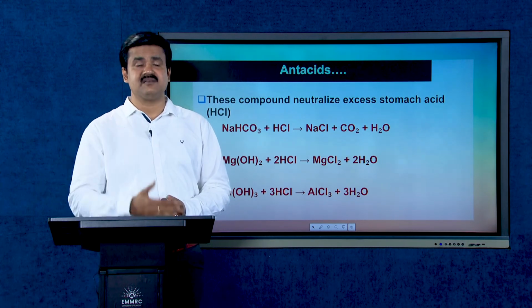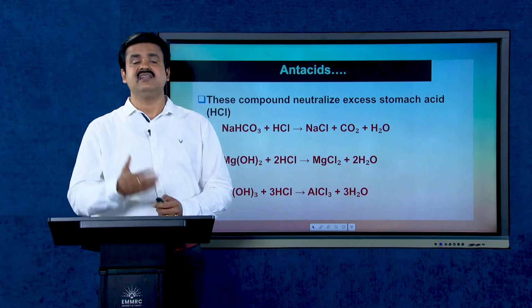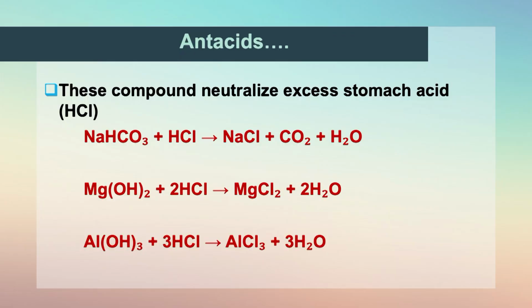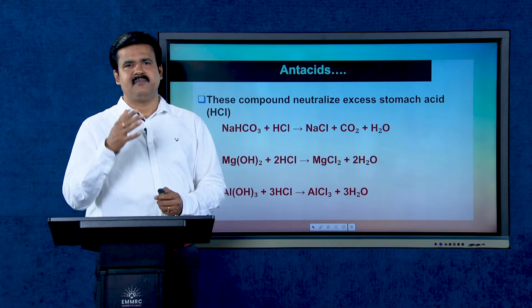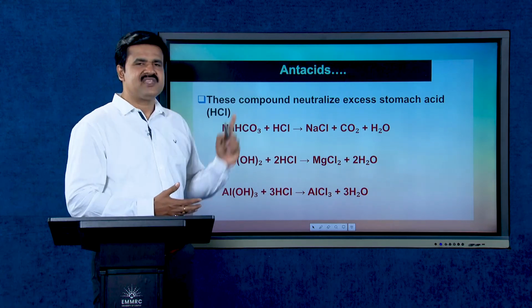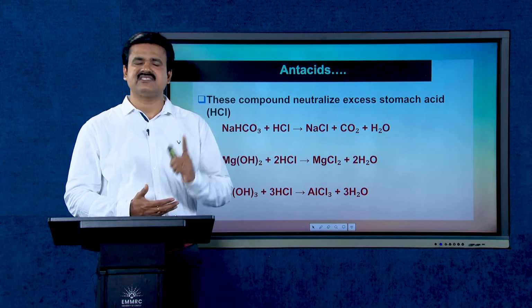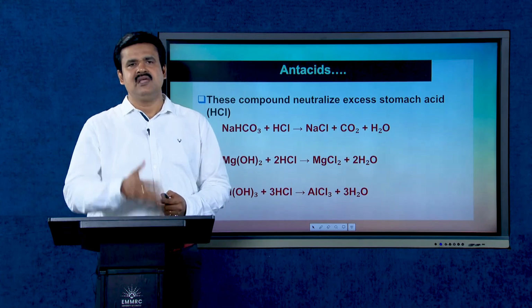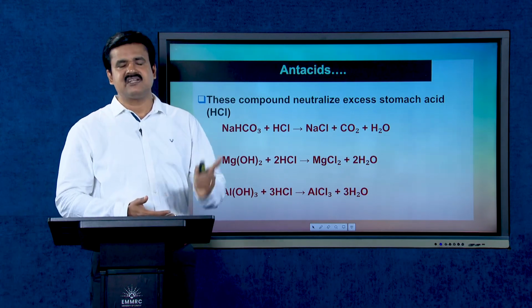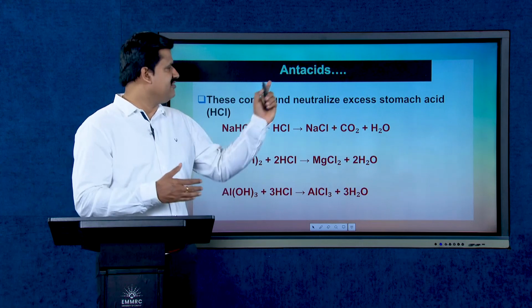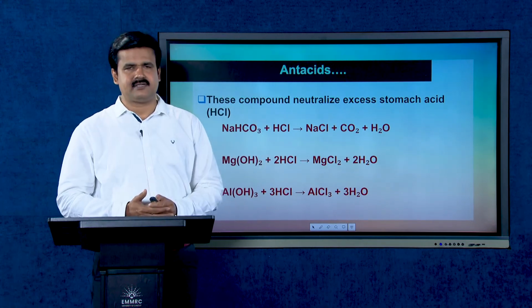If aluminum hydroxide is the base, it neutralizes the hydrochloric acid as Al(OH)3 plus 3 HCl produces aluminum chloride AlCl3 plus 3 molecules of water. So, it is very clear that the antacid may have NaHCO3, Mg(OH)2, or Al(OH)3 as its components. These basic substances present in the antacid neutralize the stomach acid HCl by various reactions as depicted here.